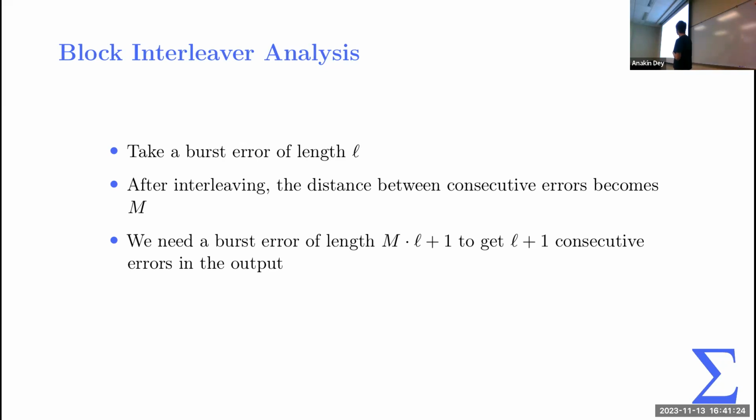Okay. So for some analysis, let's say we have some burst error of length L. We know that we write those errors to the matrix in column major order, and then read out the matrix in row major order, going from one row to another, so each error in the burst is 1 row down.